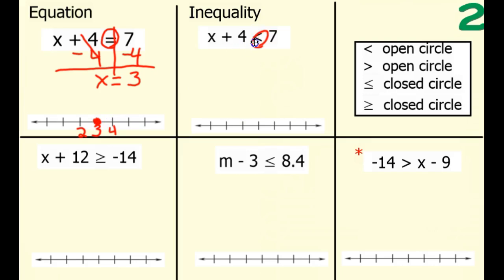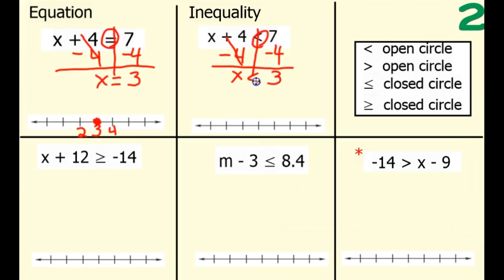Here, all we can do is think of this as an equal sign. So we subtract 4 just like we did on the other side. Subtract 4 from both sides. What we get is x is less than 7 minus 4, which is 3.